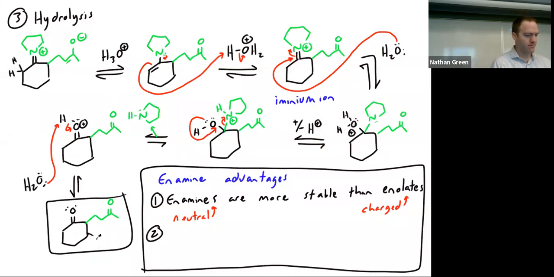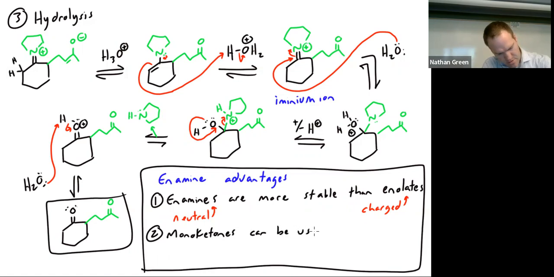You don't have to have beta dicarbonyls to run these types of reactions. Monoketones can be used in the Michael addition. Typically, it's a beta dicarbonyl.